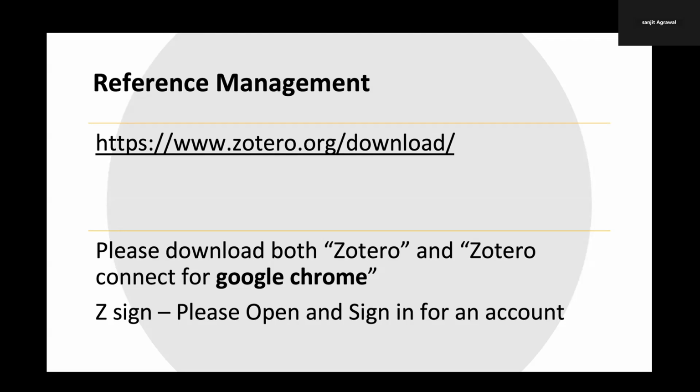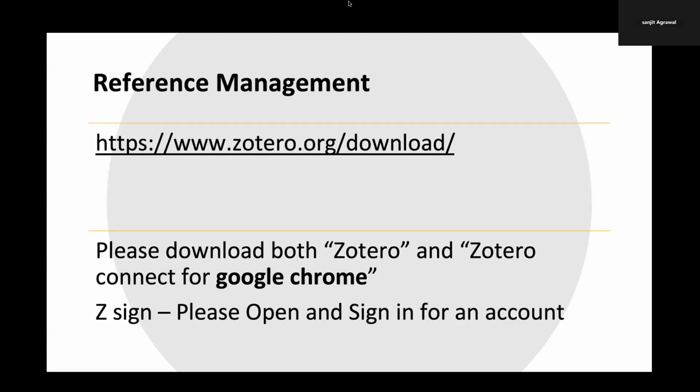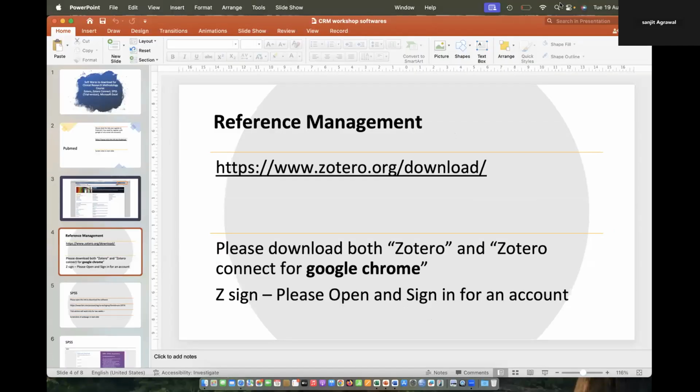So this is about how to download Zotero. Remember three things. One, you should use Google Chrome for this. Second, download Zotero, and third, download Zotero Connect. These three things you need to do to use Zotero.